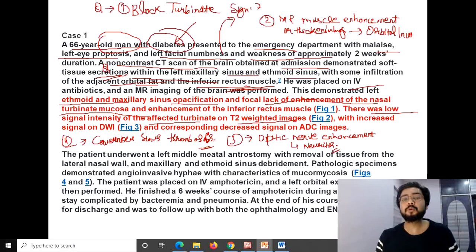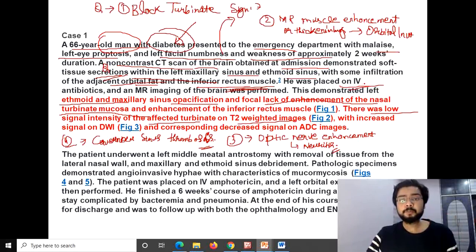They don't involve the extraocular muscles, the fat, and the orbital content. Here it is involving the orbital fat and the inferior rectus muscle. That should give you a hint that this is not something usual. This is something fatal, involving the orbital content also.